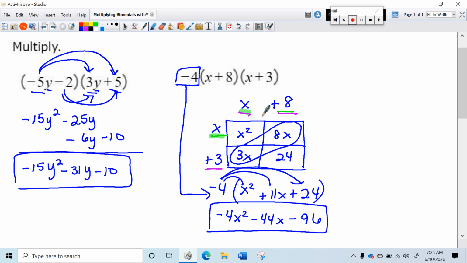So that was the Punnett Square. The first is the distributive property. The second is the Punnett Square. You could have used this also using distributive property, but for this type of problem, you've got to remember that whatever's out front needs multiplied back in at the very end. So I usually put a box around it so I don't forget to do that.